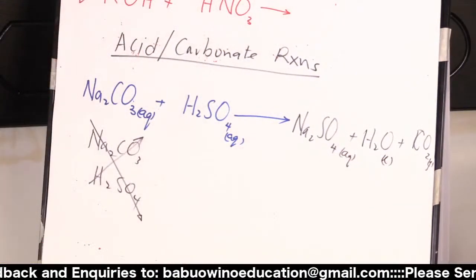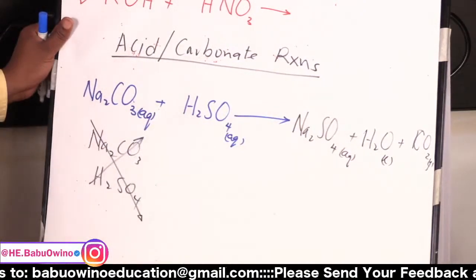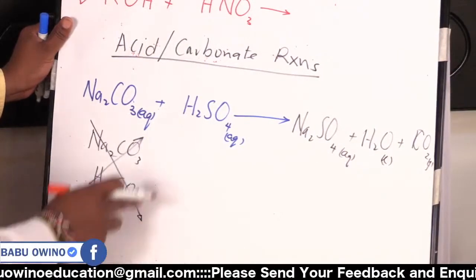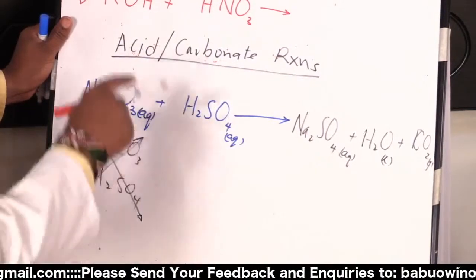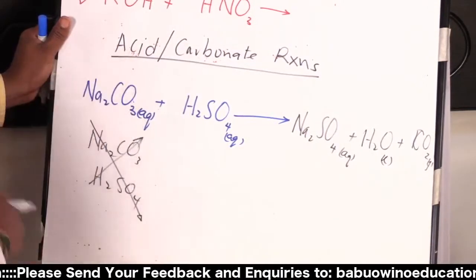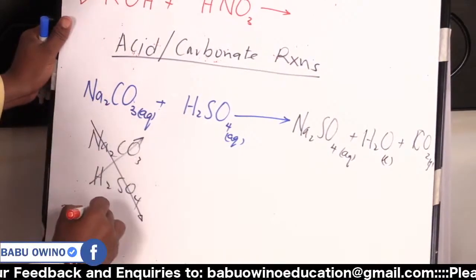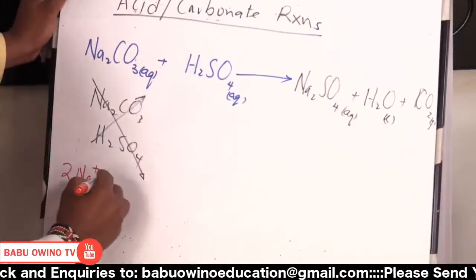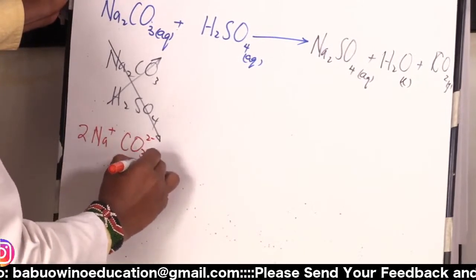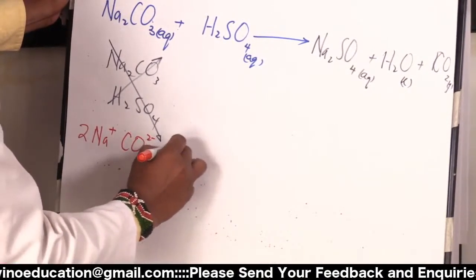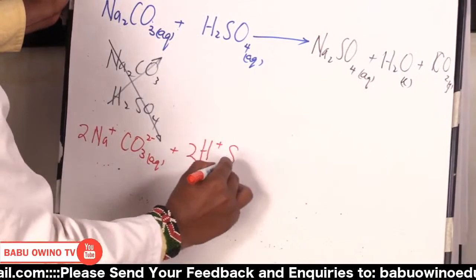Now you indicate the ionic form of this. How do you determine that? Any substance that is aqueous means it has been dissolved in water and the ions separate. So here we have 2 sodium ions from here, from our previous knowledge of the stoichiometric equations, then the carbonate and the charges. Remember the charges. Then we have hydrogen ions, and they are 2. And the sulfate.